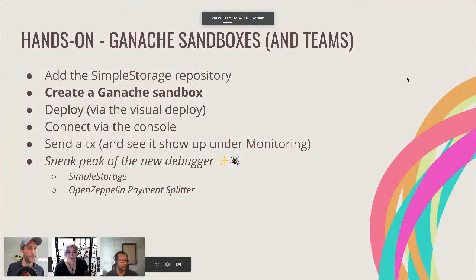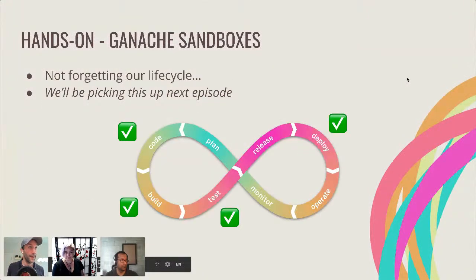Maybe to the next steps, or do you want to jump to that? Yeah, pretty much there. I think the only final thing to call out is the life cycle. Caveat, we jumped around a lot in terms of the life cycle. We spent most of the session in Ganache. But last time we covered coding, a bit of running tests, and building is a given.